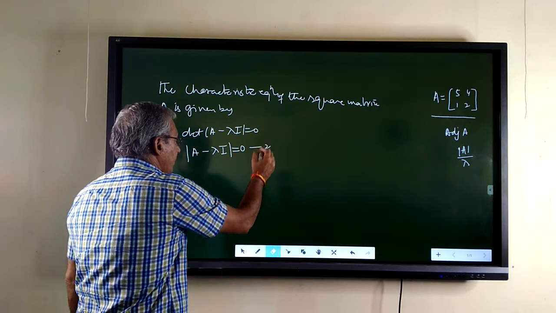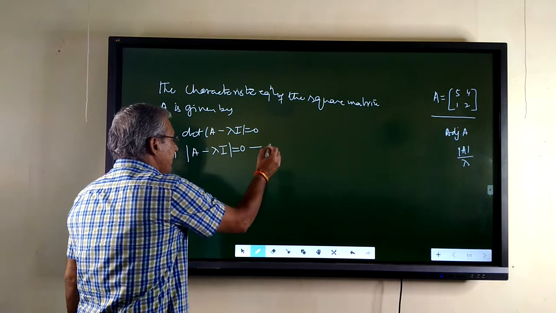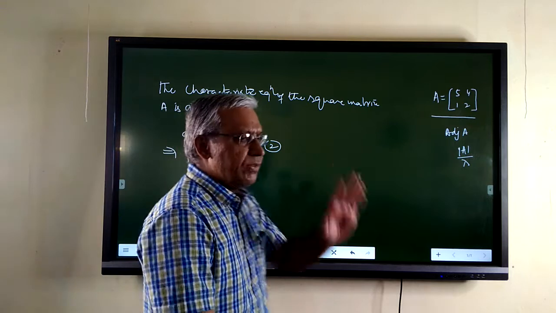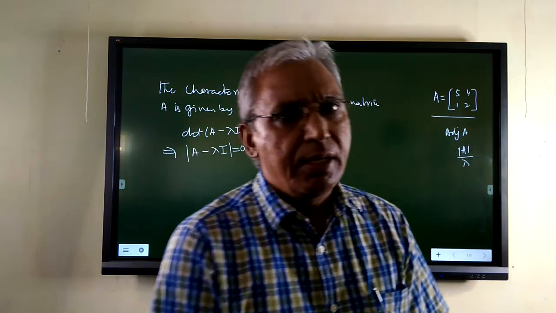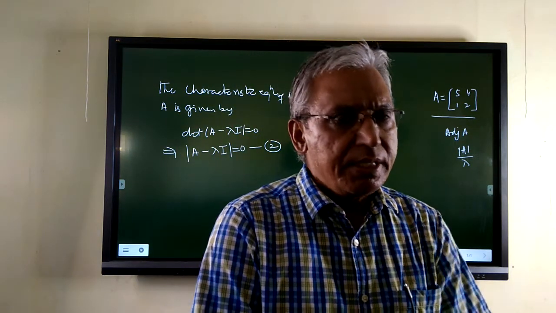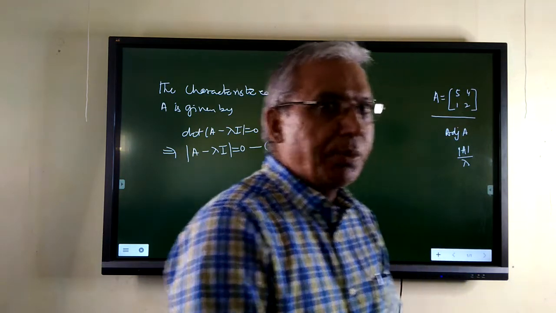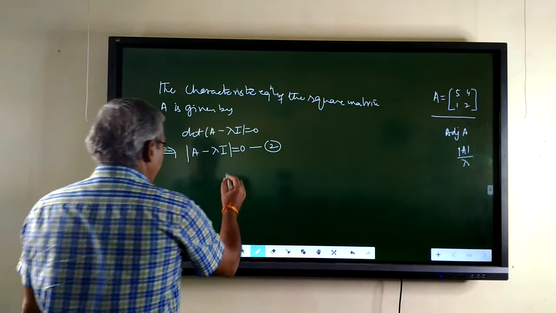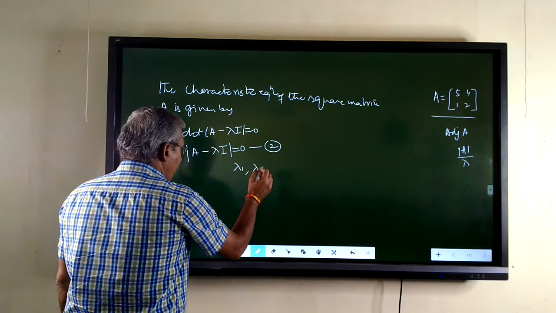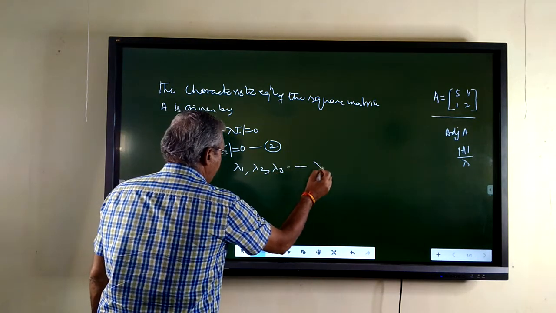Equation number 2 is a polynomial equation in lambda of degree n. This equation gives n roots. Suppose these roots are lambda 1, lambda 2, lambda 3 and so on up to lambda n.